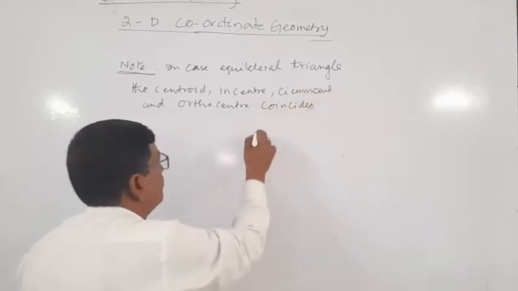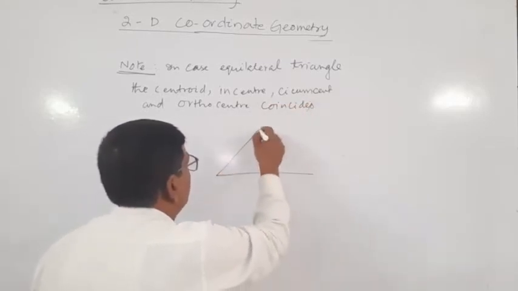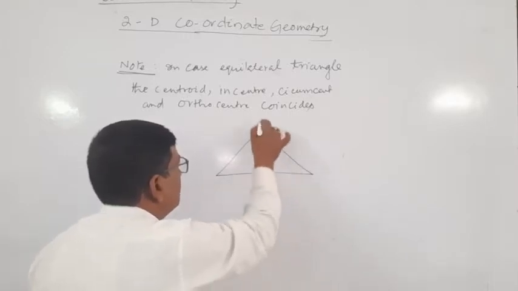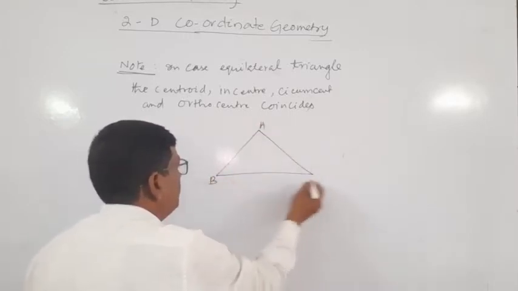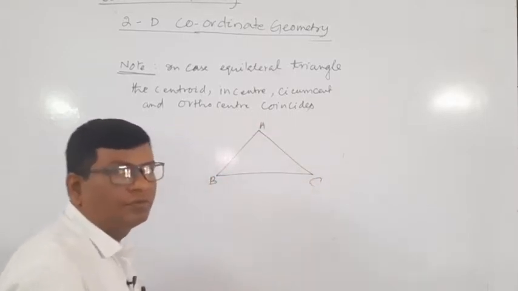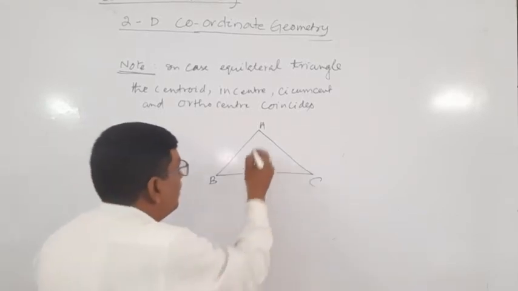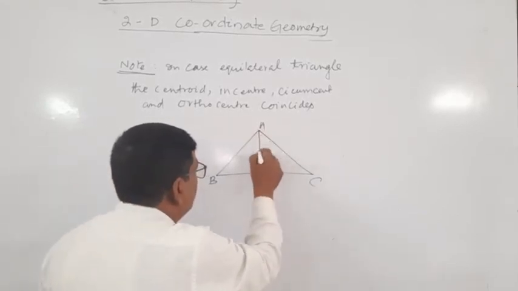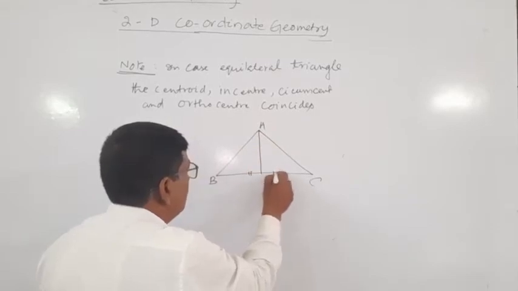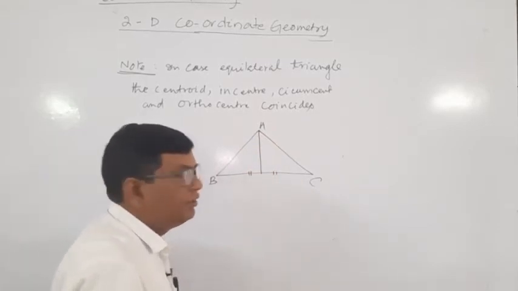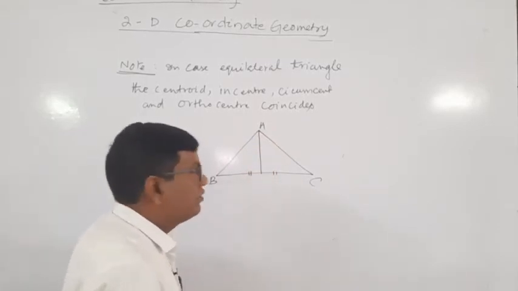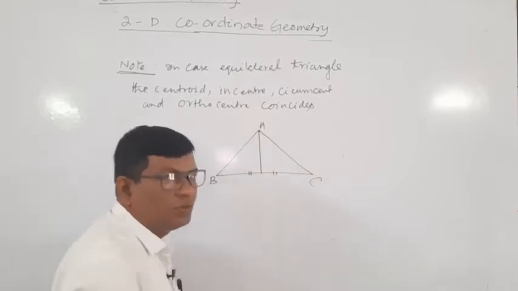Suppose this is the equilateral triangle ABC, and this is the perpendicular, so this divides into equal parts. This is also median, this is also perpendicular bisector, this is also altitude.